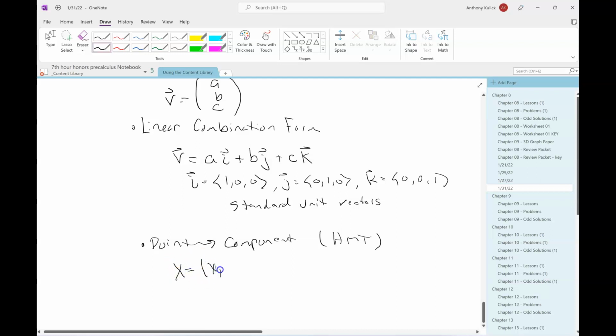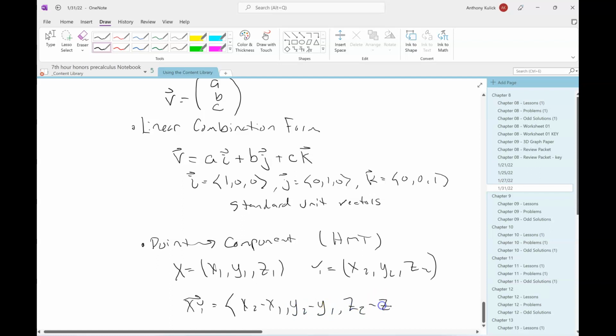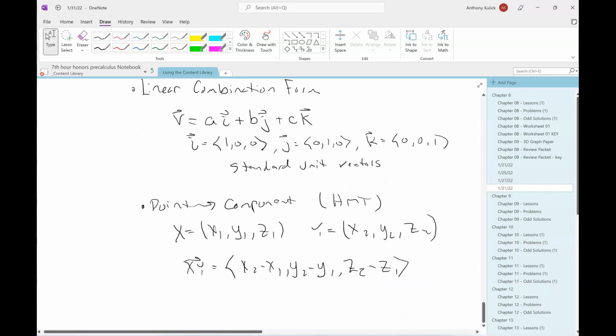I'll just say X. Right, like nothing to it. Exact same formulas as 2 dimensions, just add a third component to it. So this is all very good, right? This is what we hoped for. Agreed?